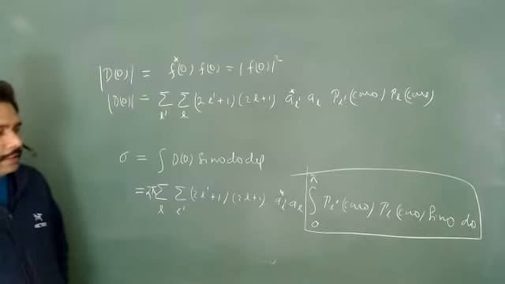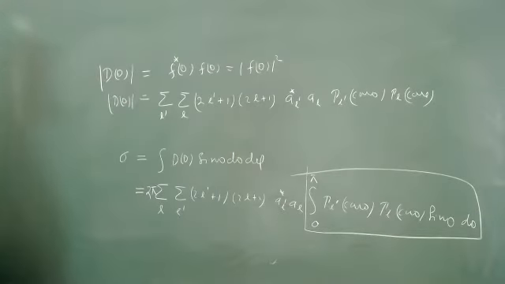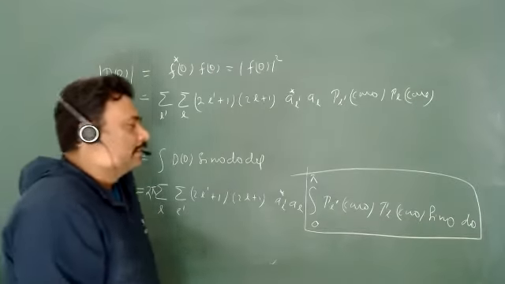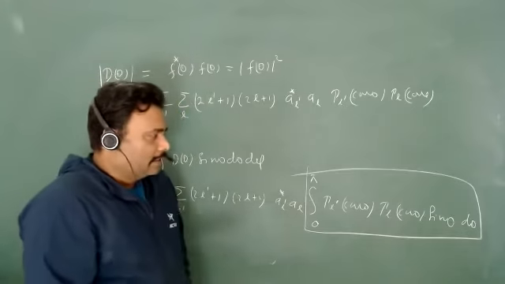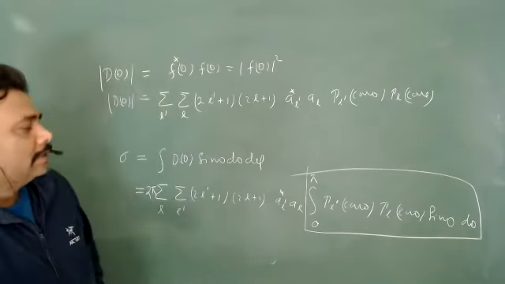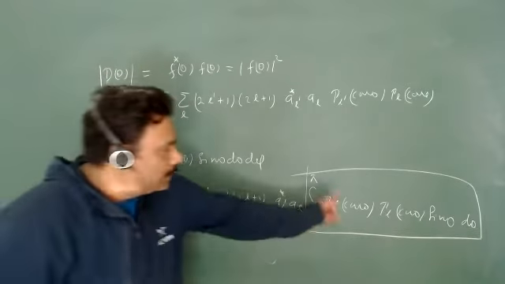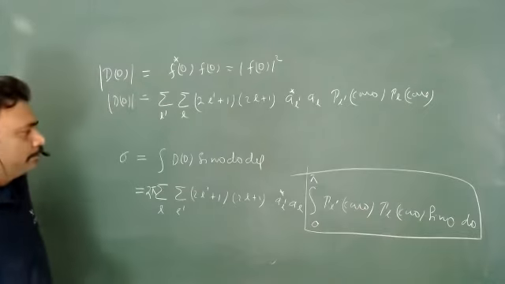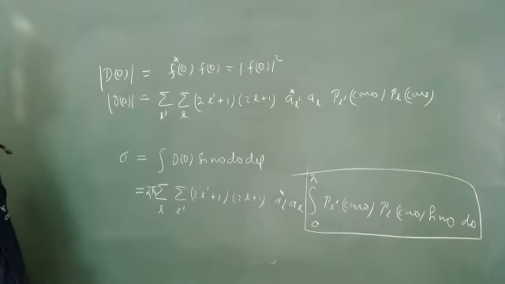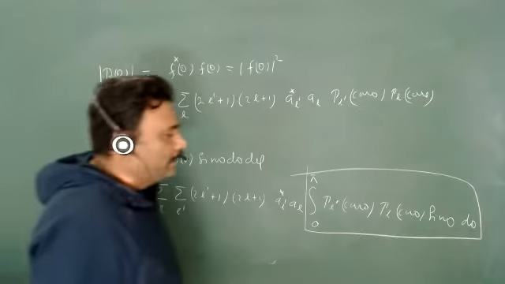I think you have done this integral many times, in a lot of places: in multipole expansion, in quantum mechanics, in algebra, as well as in Legendre polynomials. What is this particular integral? Please use your mathematical brain.